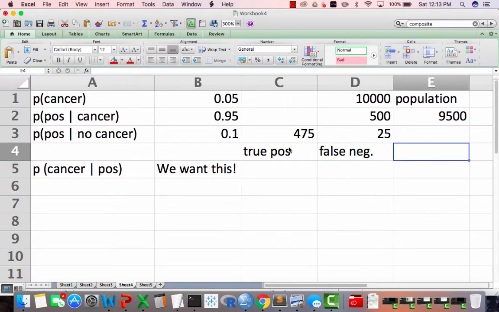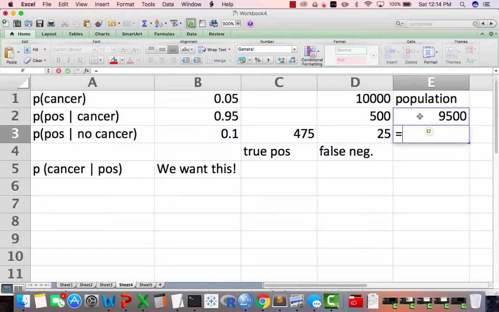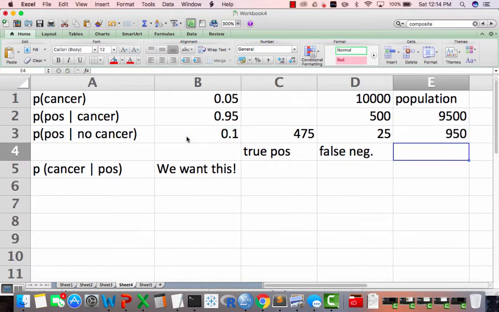Of the 9,500 people who don't have cancer, we take this number, the 9,500, times the probability of getting a positive result given not having cancer. That gives the people who took the test and didn't have cancer, but it still told them that they had cancer.